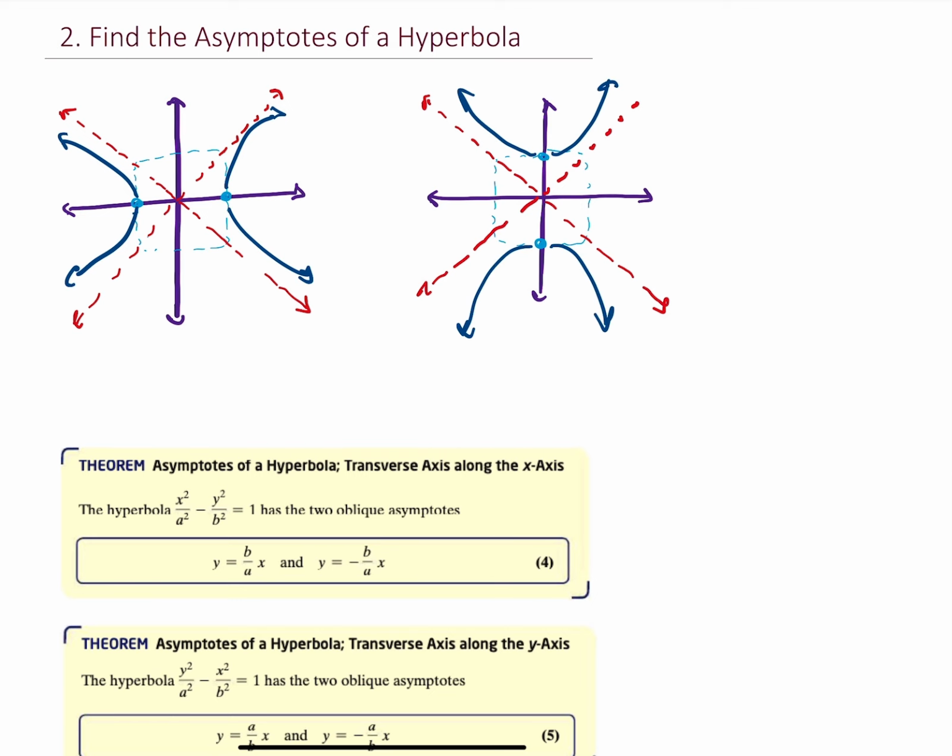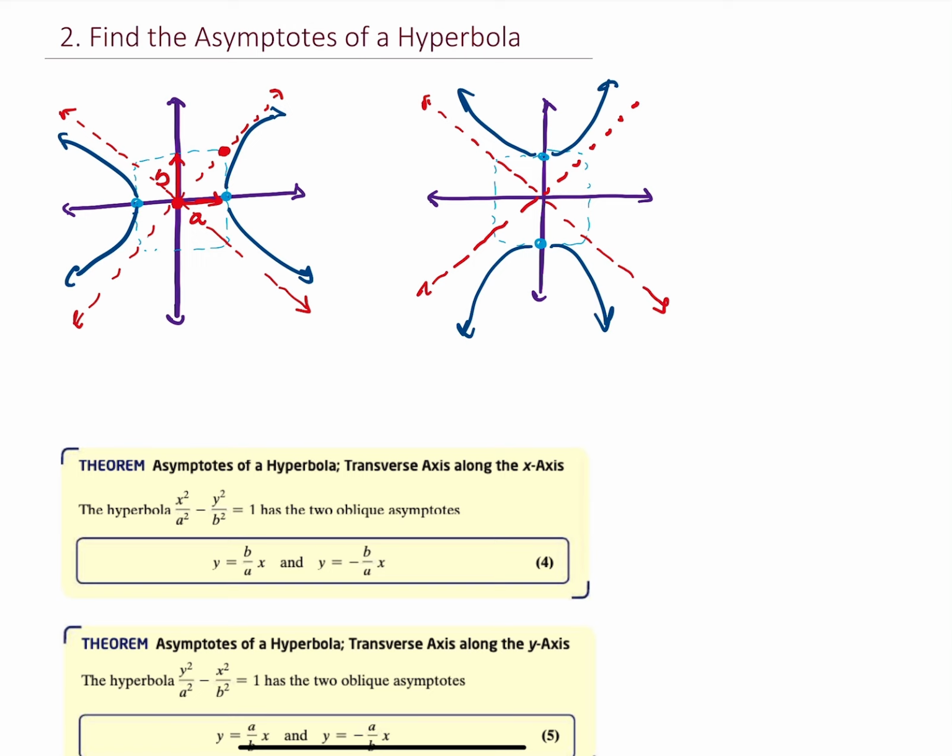So on our left image, I should use red, this distance is A, the distance to the vertex, so that means this distance is B. So I could imagine this point on the corner, because in order to give the equations of these asymptotes, I'm thinking of slope-intercept form, so I need the slope of the line.